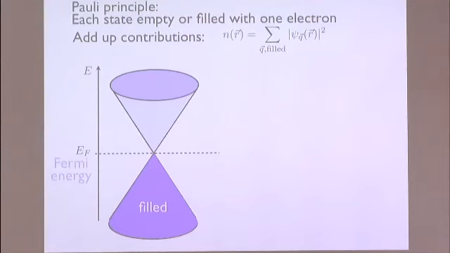And whenever we have a situation like that, we know, for example, that all single particle observables, like the density, can be simply obtained by summing over the contributions of all filled orbitals. So I would say the density is the sum over all filled states of psi squared, giving the contribution of each filled state.